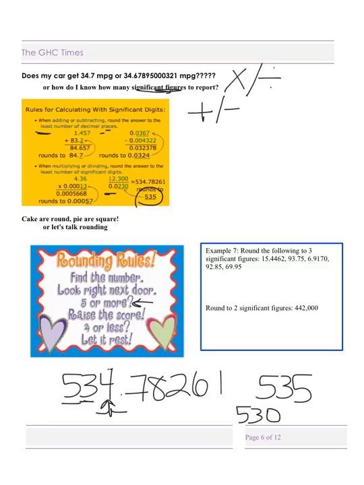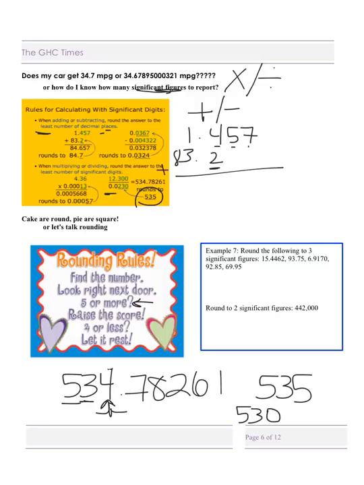In this first example, we have 1.457 plus 83.2. This first number has 1, 2, 3 places after the decimal point. The second number has only 1. So our answer should have the least number of decimal places, or 1.